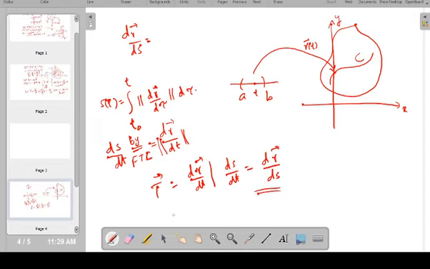Okay, so let us substitute for work. Therefore, work done by F is equal to integral a to b of F dot dr. That is the definition. But this implies dr is equal to T ds.